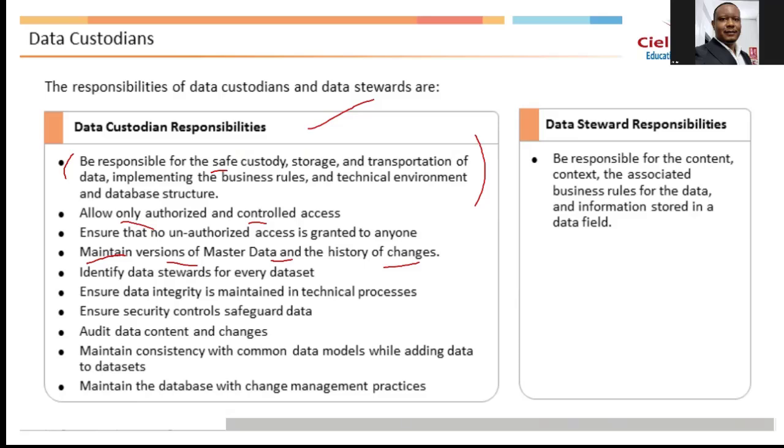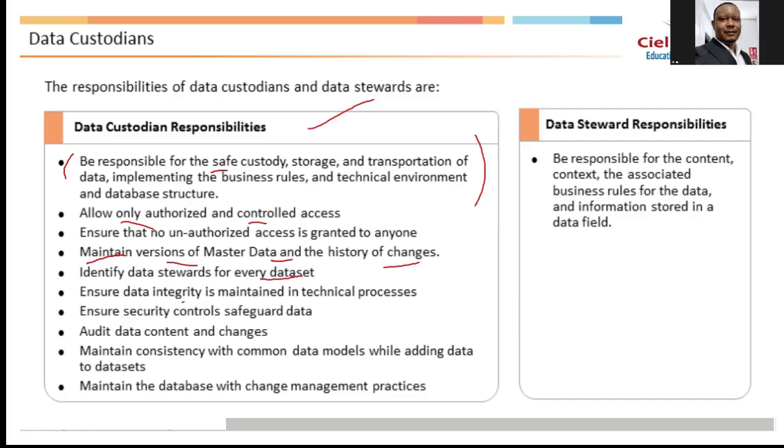This is quite necessary because sometimes if you want to find out where a particular change emanated from or who made a particular change to data, you might need to take a look at that history. The data custodian is also responsible for identifying data stewards for every data set. So the custodian works alongside the data steward for every data set in order to ensure that there is clarity about roles related to the data content.